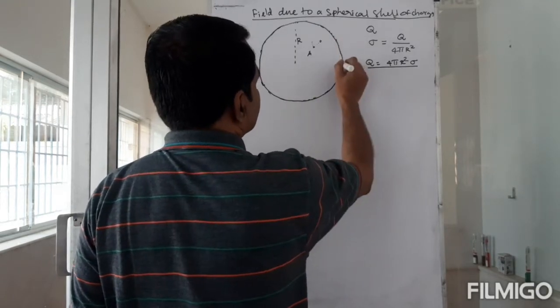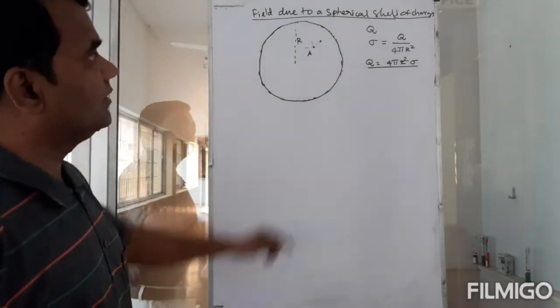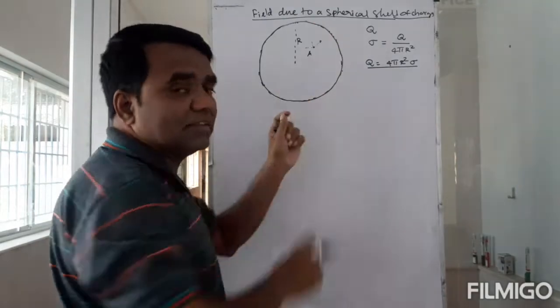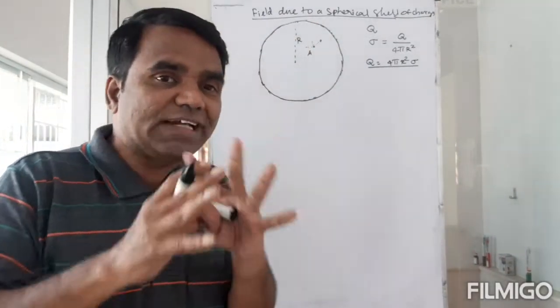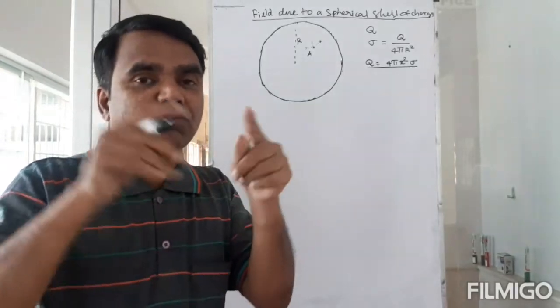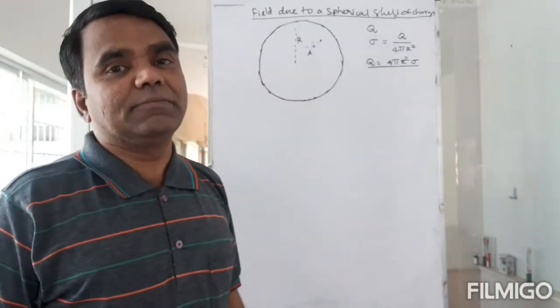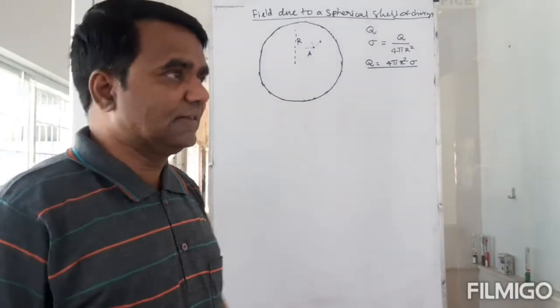And if we take a charge here, that will have a field in this direction, right? And all the charges will have their own fields at that point A. So now I need to find the sum of all of it. The sum of all these fields would be the field at point A. So how am I going to do it?